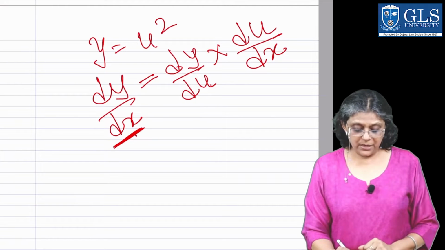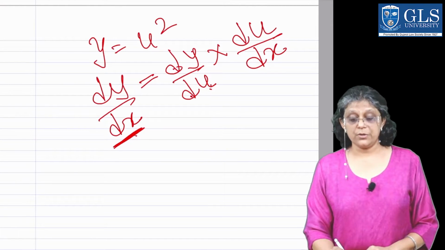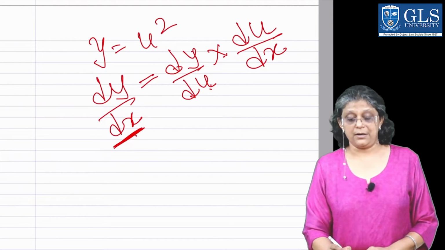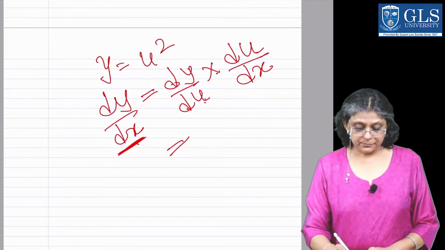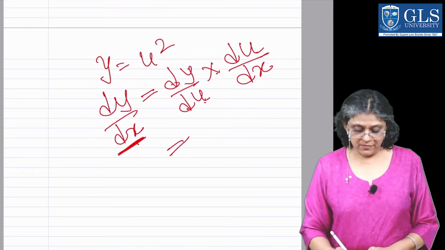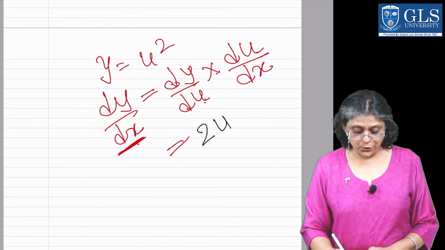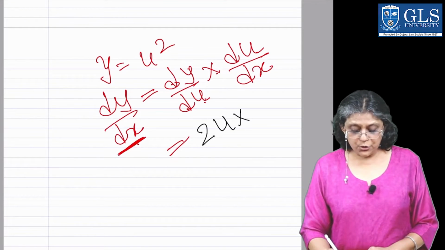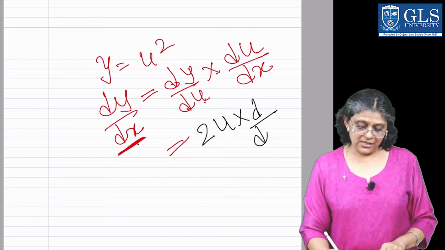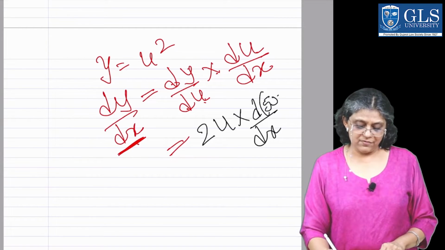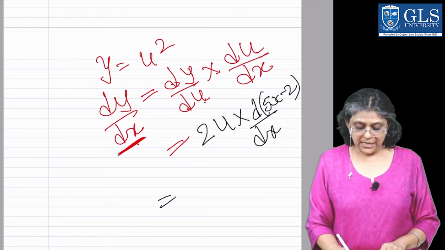So what it will be? dy by du into du by dx, फिर से मैं ये कर रही हूं, तो अभी आप देखो what answer are we getting now? I think we will get for this 2u, और u क्या है? 5x minus 2. So I will once again derive 5x minus 2, and hence my answer.